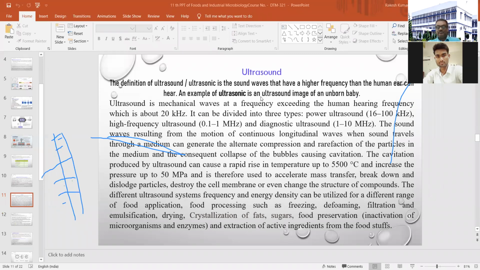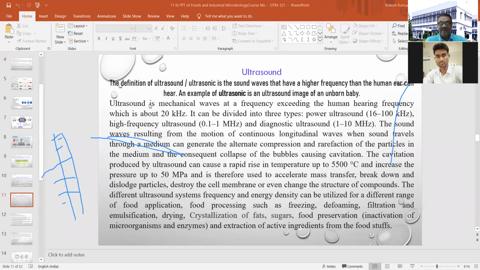Now, the next method is the ultrasound method. The definition of ultrasound, or ultrasonic, is sound waves that have a higher frequency than the human ear can hear. An example of ultrasonic is an ultrasound image of an unborn baby.